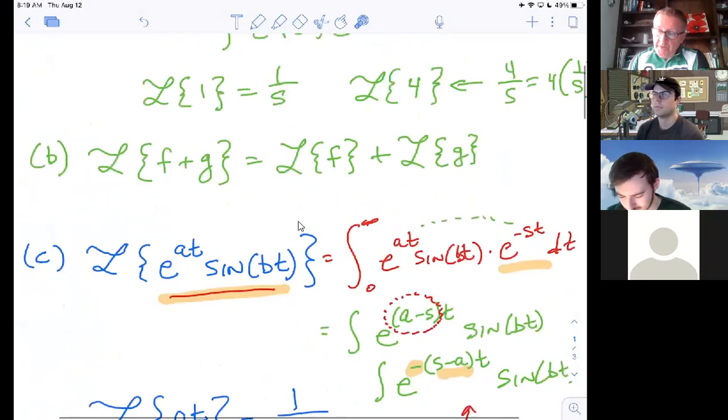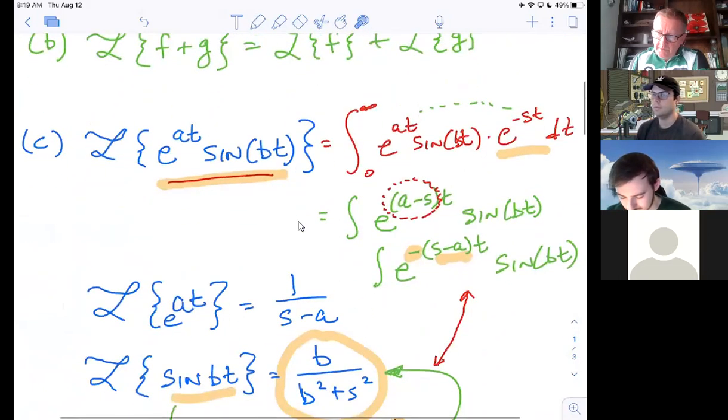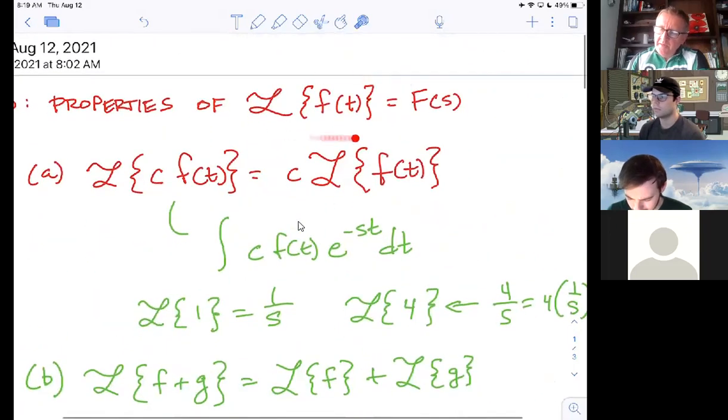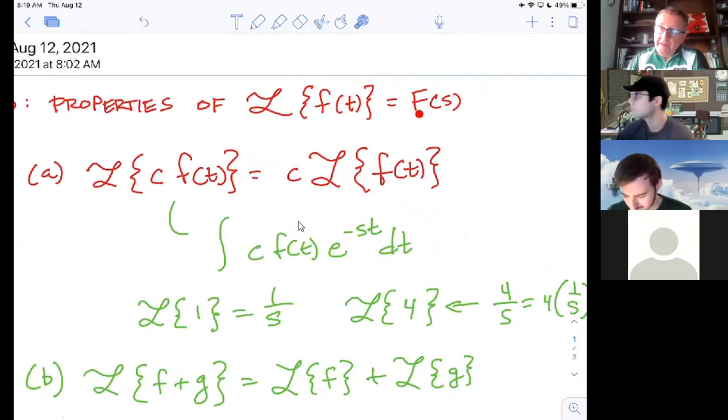Or here, I started with the Laplace transform of the sine of junk, and then I got a brand new equation over here that was a totally different equation. And yet, instead of a function of t, it was a function of s. Do you understand that that's what this statement up here means? This is just saying I started with one function that was based on t, and I got a brand new function. You were using the letter f just because f is function, except now it's a function of s.